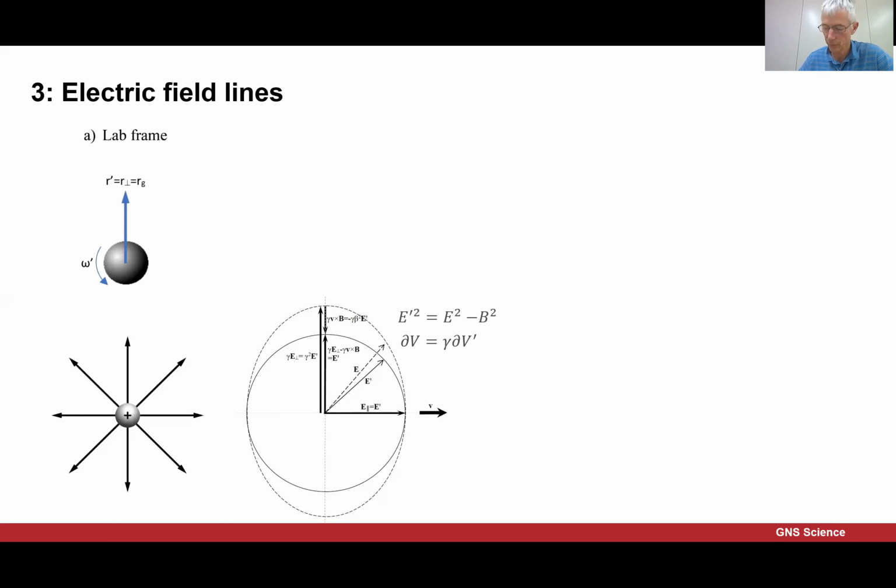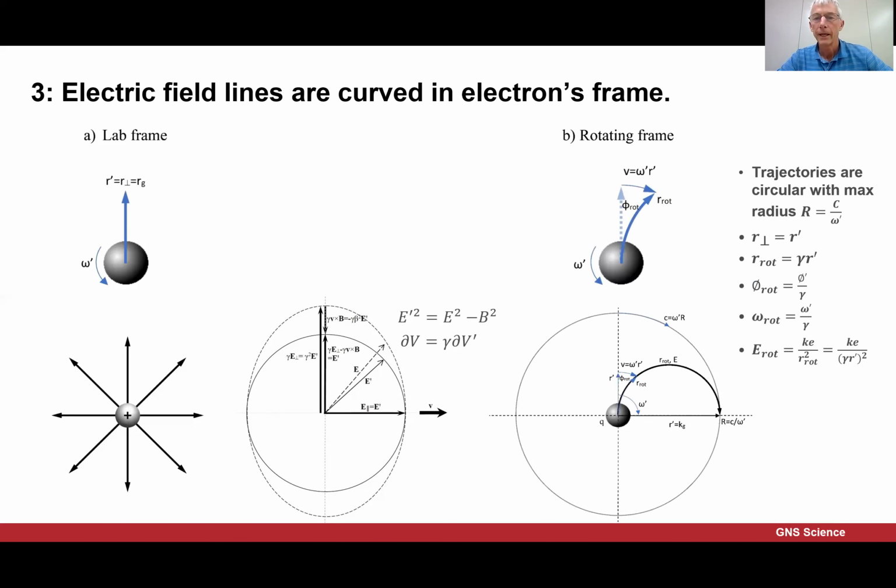However, what we're really interested in is what happens in the rotating frame for the electric fields. And when relativity is taken into account in the rotating frame, the trajectories become circular, and they exhibit a maximum radius to which they can extend.